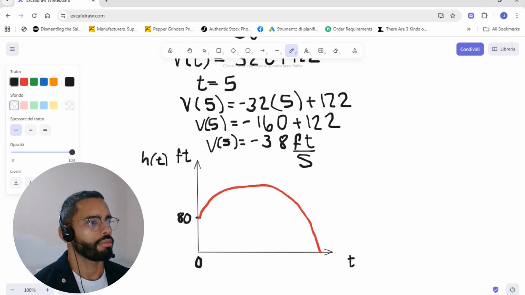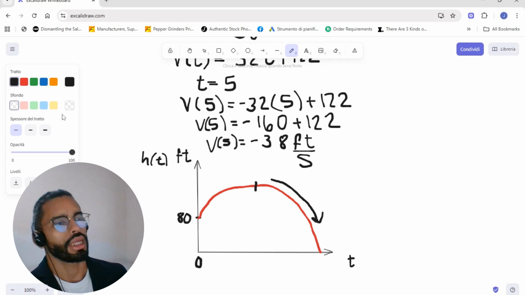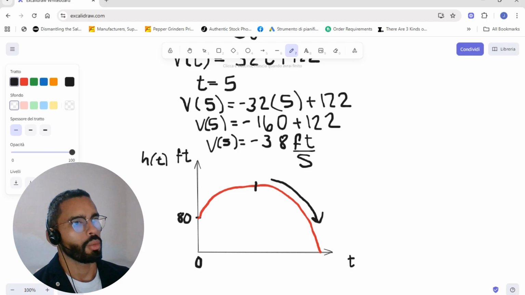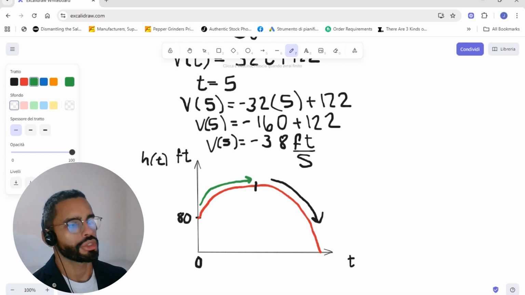Having a negative velocity means that the object is already on its descending path. It's in the descending portion of this parabola. So it's going down, basically. It went up in this first segment, reached the maximum height, and then started to go down.